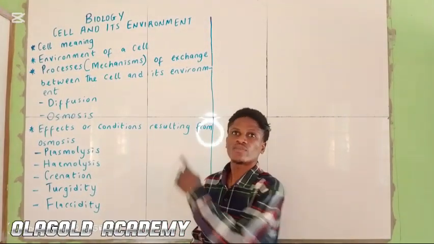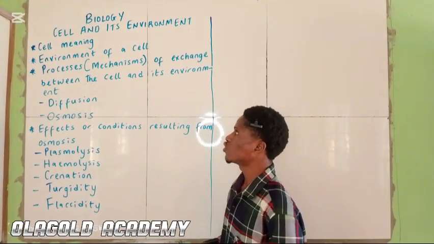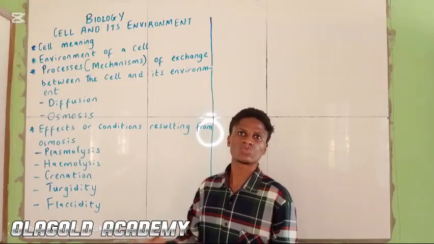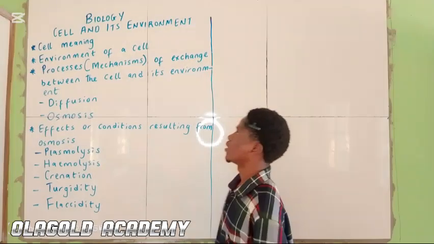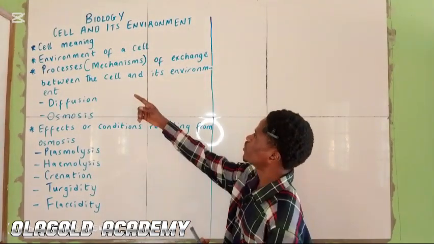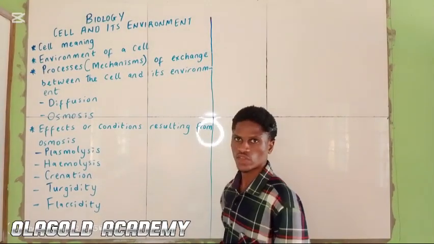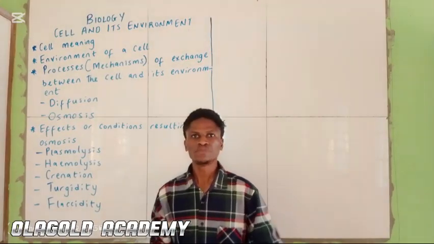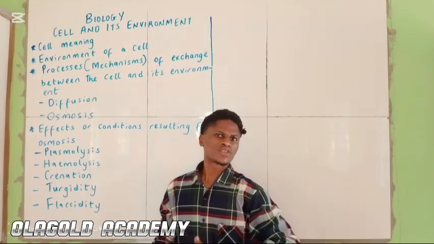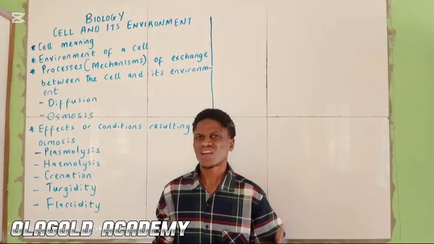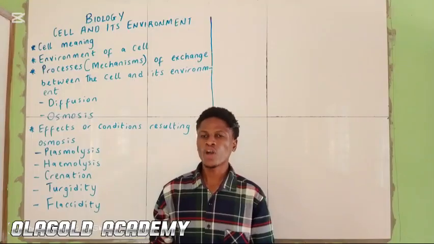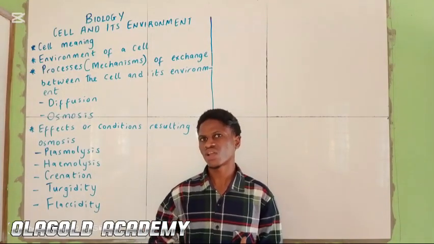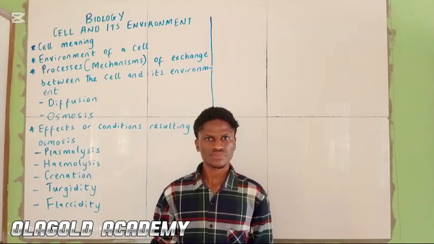Now, we have discussed the meaning of cell and the study of cell. We refer to the study of cell as cytology. Now, we have the environment of a cell. The environment of a cell can include both the external environment of the cell, known as the extracellular environment, or the internal environment of the cell, or the intracellular environment.